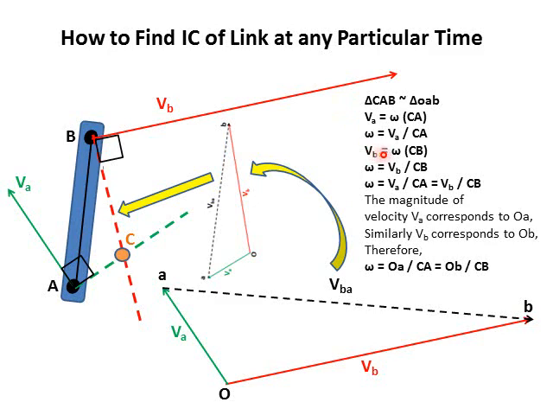Again we are doing the same thing that we did for VA, taking the omega to the left hand side and the remaining components to the right hand side. So omega is equal to VB by CB. So omega in both equations is common. So omega is equal to VA divided by CA is equal to VB by CB.